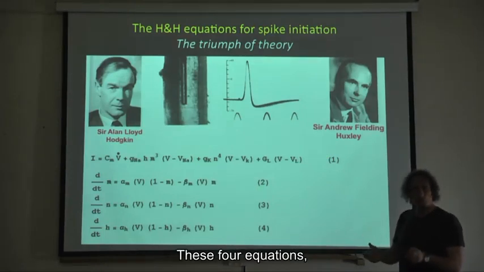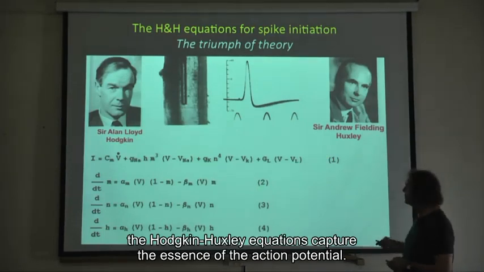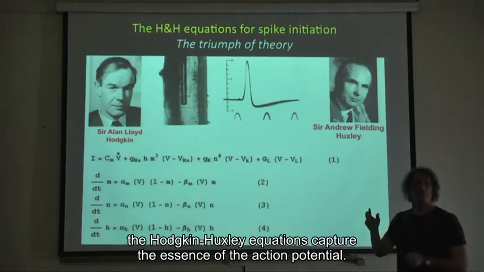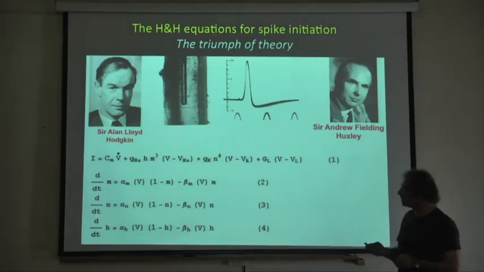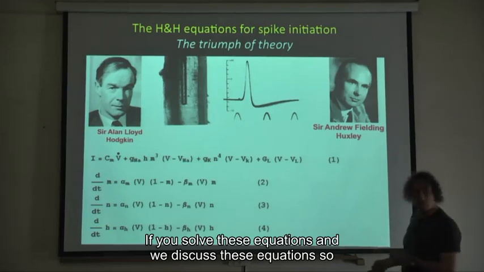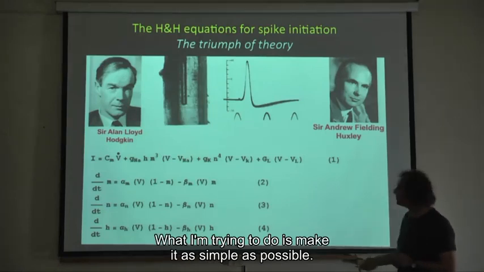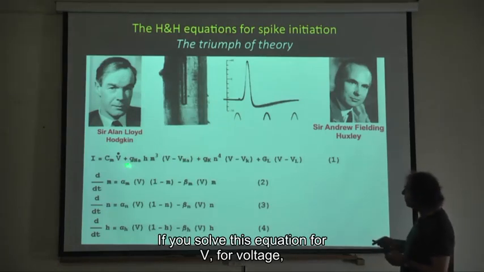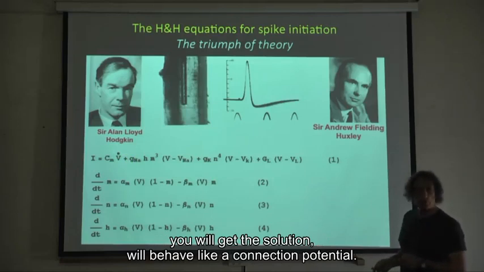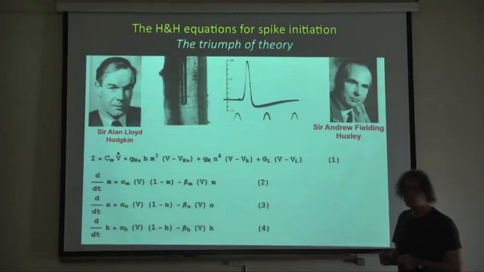These 4 equations, the Hodgkin-Huxley equations, capture the essence of the action potential. If you solve this equation, and we'll discuss this equation, so this is not going to be a very simple lesson, but I'll try to make it as simple as possible. If you solve this equation for V, for voltage, the solution will behave like an action potential.